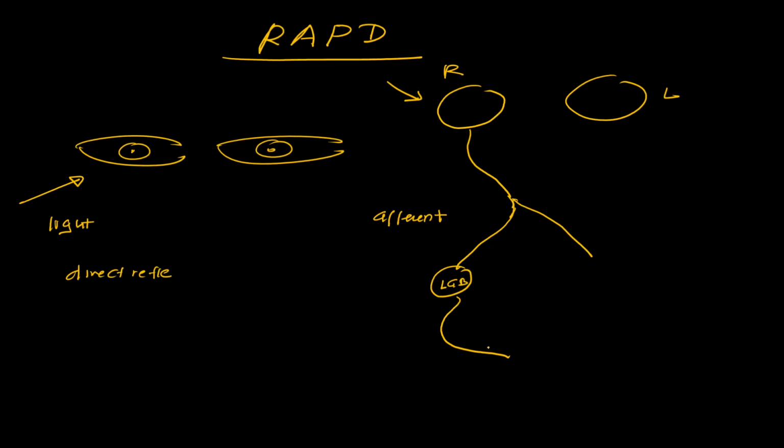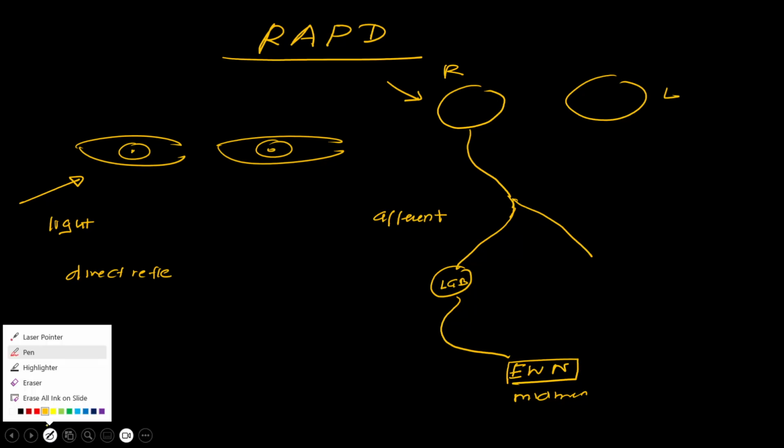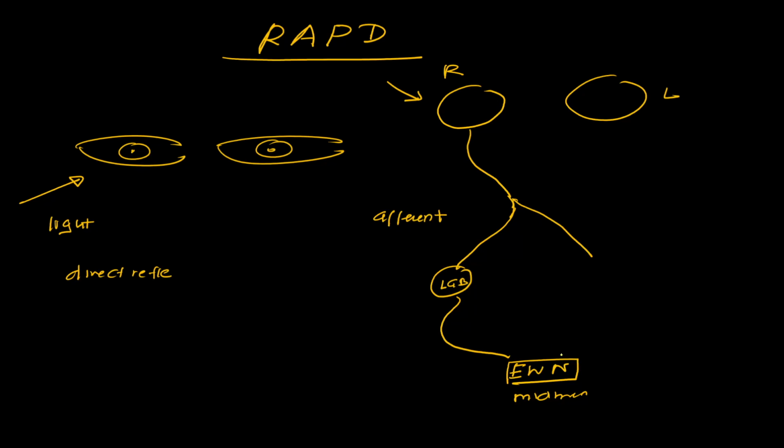And there's another nerve which is conducted to the Edinger-Westphal nucleus, which is present in the midbrain, and later on it will send information to the third cranial nerve of the contralateral eye to cause constriction.